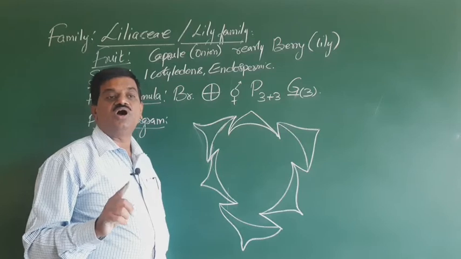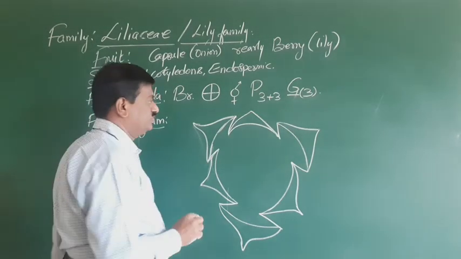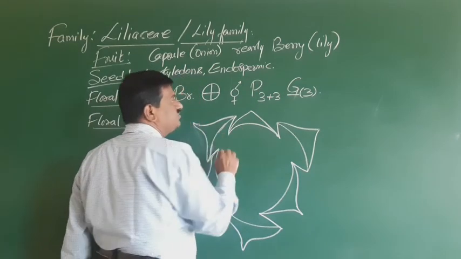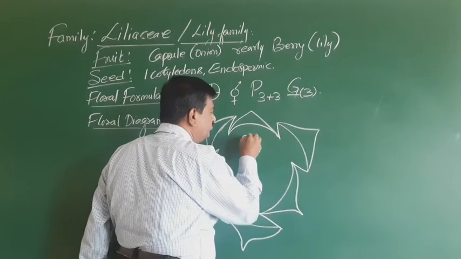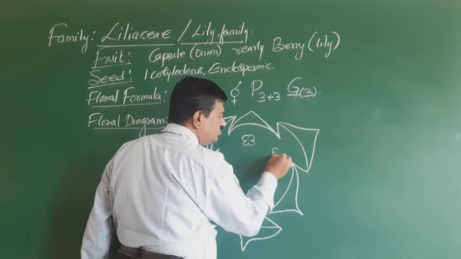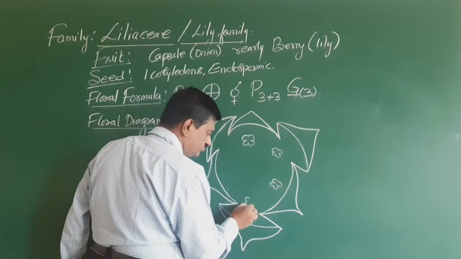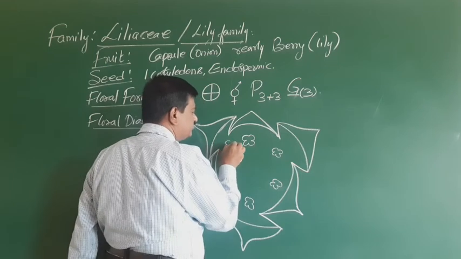Next, we go for stamens. Stamens are 6. In this, 3 is usually present here. This is 1 and one more here, and here.